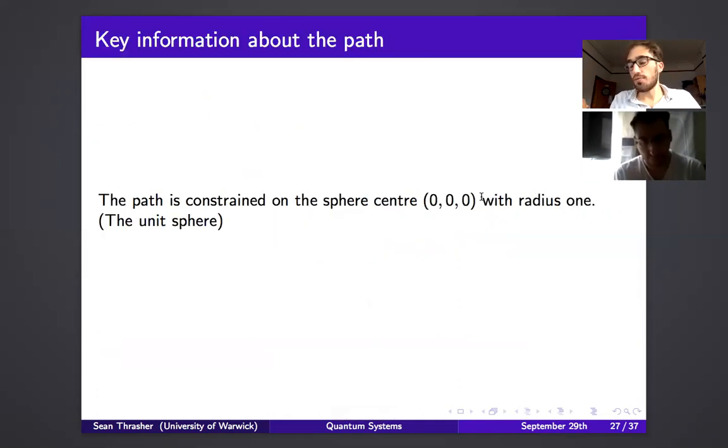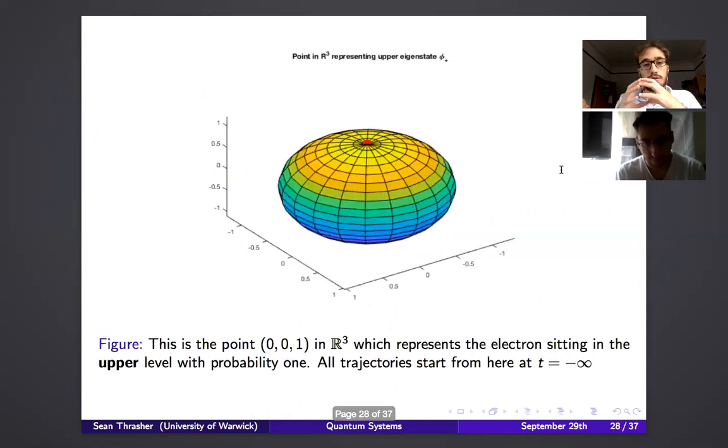Now, a second important discovery we made is that the path must be on the unit sphere. This describes what the unit sphere is. Points on this unit sphere correspond to different states that the two-level system can be in. So the North Pole, for instance, corresponds to the electron sitting in the upper energy level.